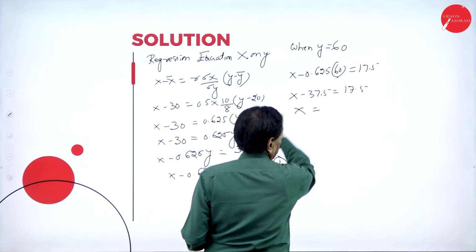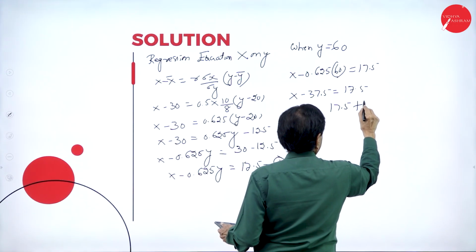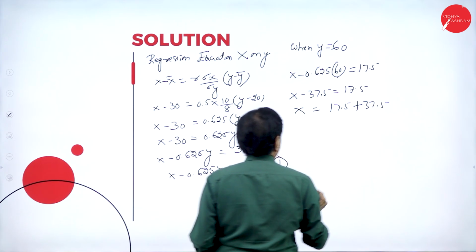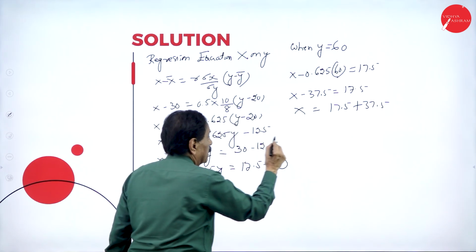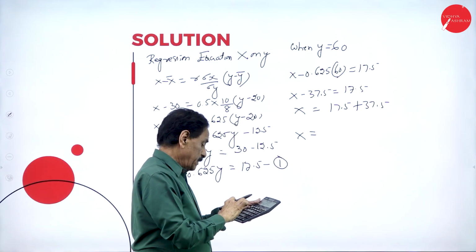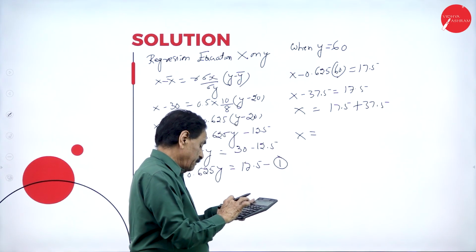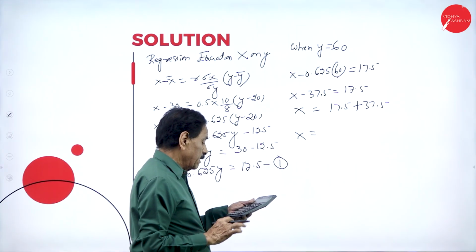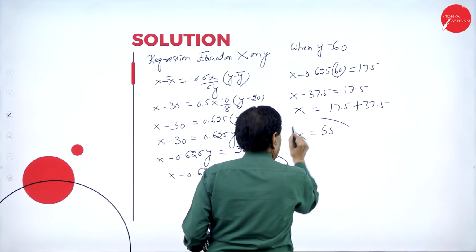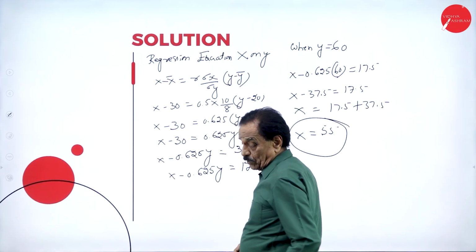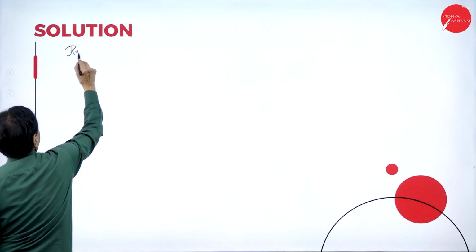X is equal to 17.5 plus 37.5, so minus becomes plus, which is 55. Substitute the value.